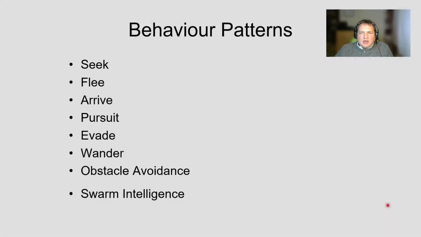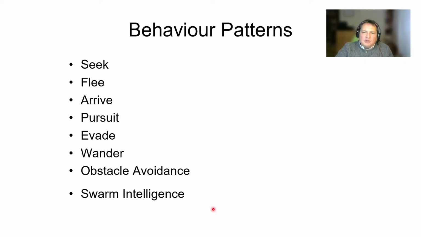In this context, I can now discuss our behavior patterns such as seek, flee, arrive, pursuit, evade, wander, and obstacle avoidance. Swarm intelligence is a little bit broader topic, and it will be left for a separate presentation.